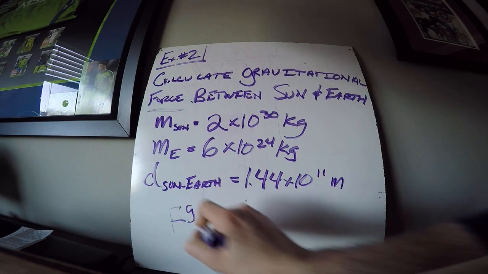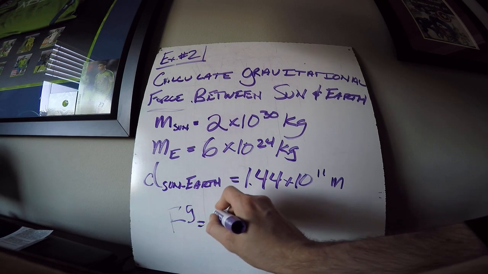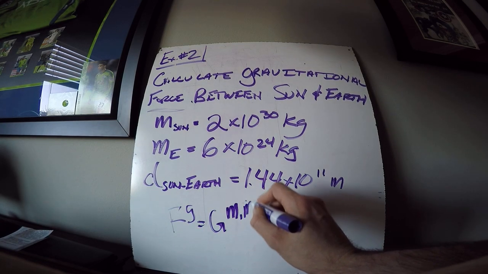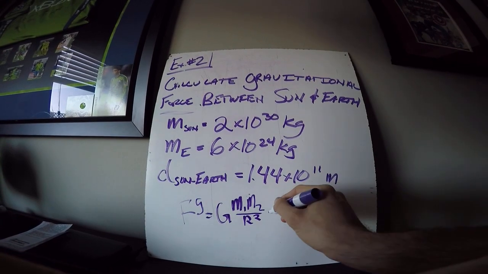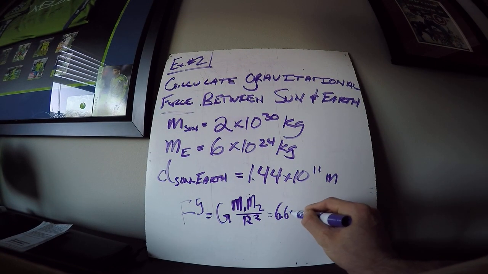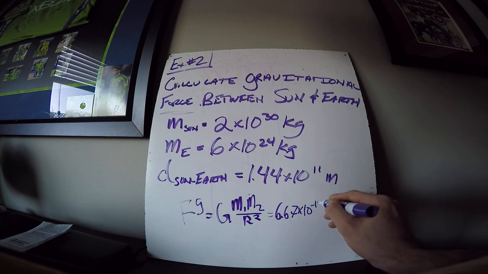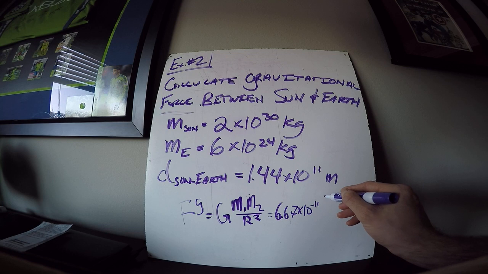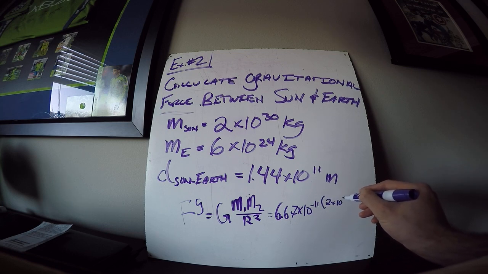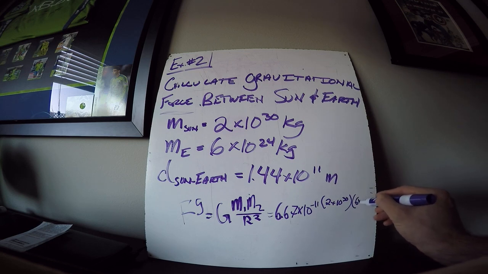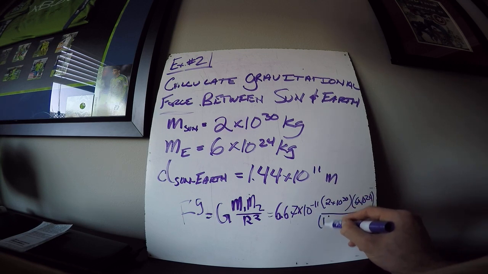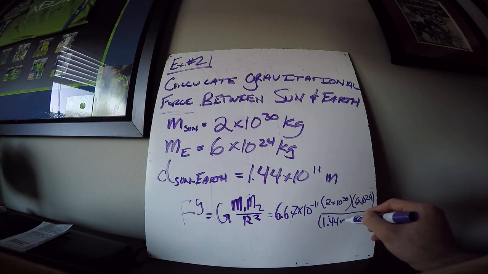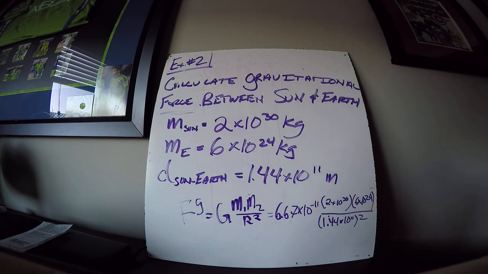Force of gravity equals G m1 m2 over r squared, which would give us 6.67 times 10 to the negative 11, times 2 times 10 to the 30 times 6 times 10 to the 24, all over 1.44 times 10 to the 11th squared.